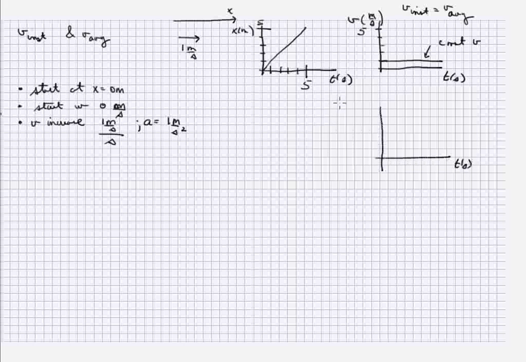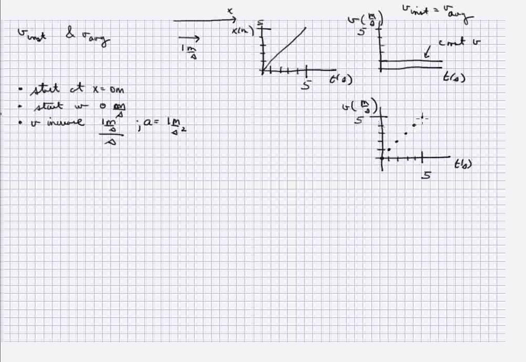Time in seconds, velocity in meters per second for this new example. 1, 2, 3, 4, 5. And so 1, 2, 3, 4, 5. At t equals 0, you'd have velocity 0. At t equals 1, you'd have velocity 1. At t equals 2, you'd have velocity 2 meters per second.